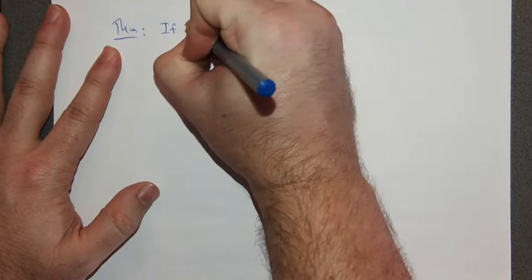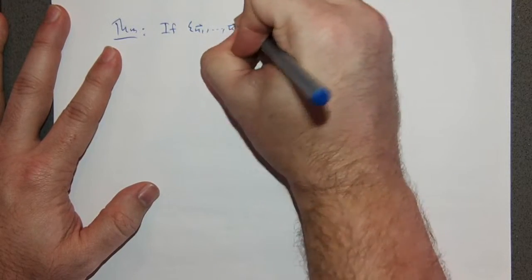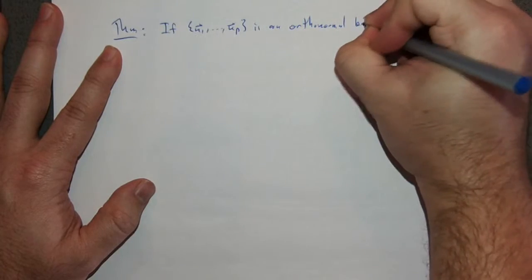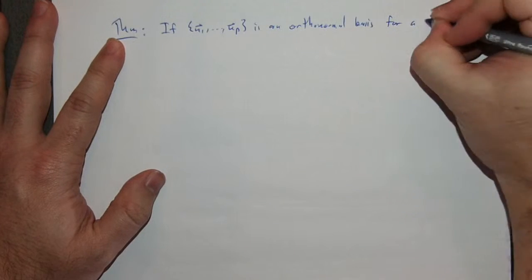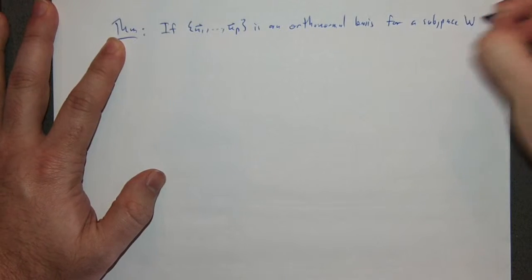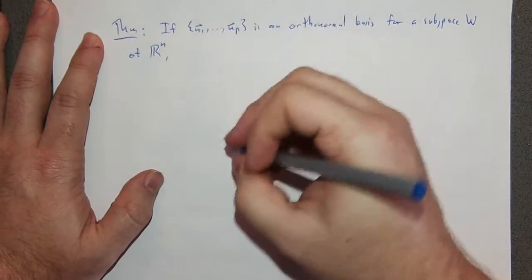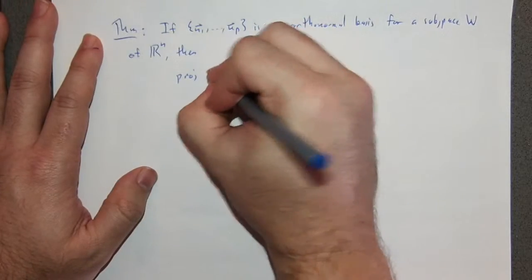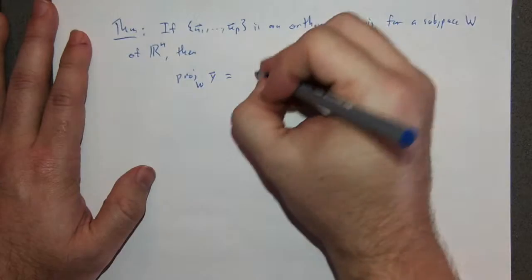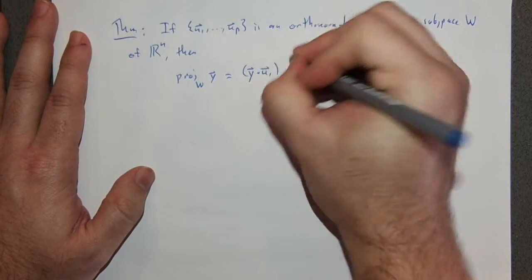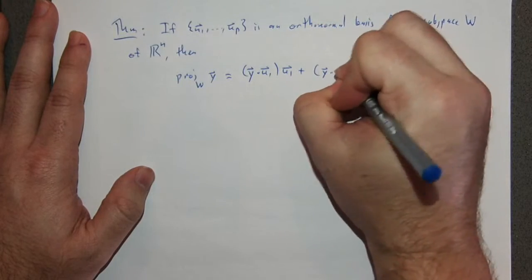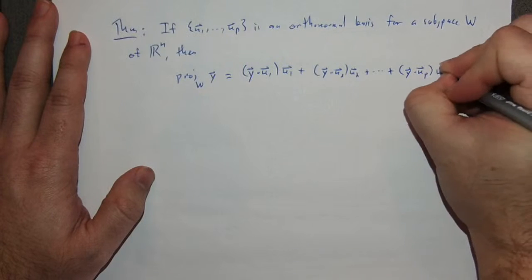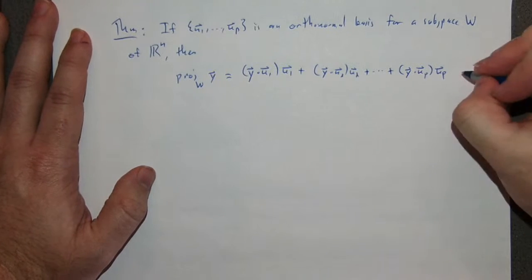If I have an orthonormal basis u1 to up for a subspace W of Rn, then the projection of y onto W is y dotted with u1 times u1, plus y dotted with u2 times u2, and so on, plus y dotted with up times up.